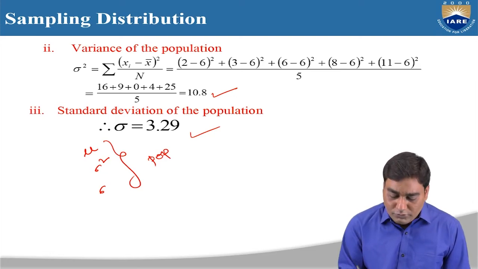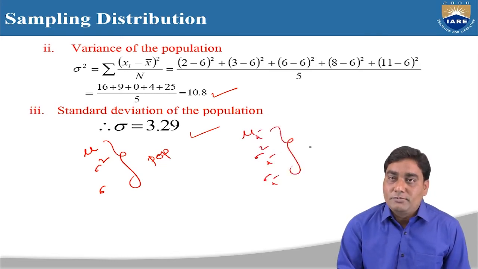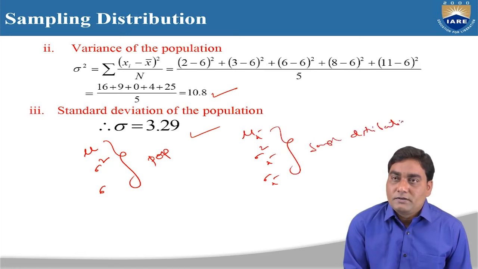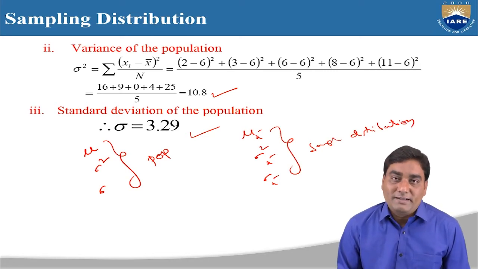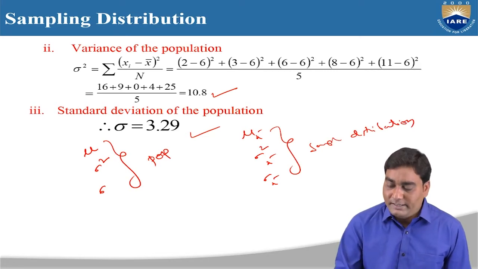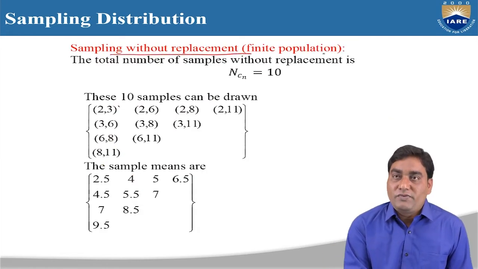But to find the mean, variance and SD of the sampling distribution, first we have to choose how many samples we can draw in the without replacement case. Sampling without replacement means a finite population.